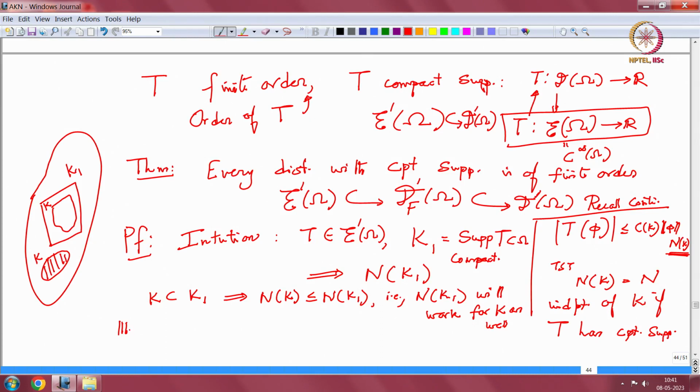Similarly, if K is outside a neighborhood of K1, that will imply your N_K will be 0, you can use that, because T phi will be 0. So you do not need any derivative or anything to estimate, as T phi is equal to 0 for all phi with support of phi in K.